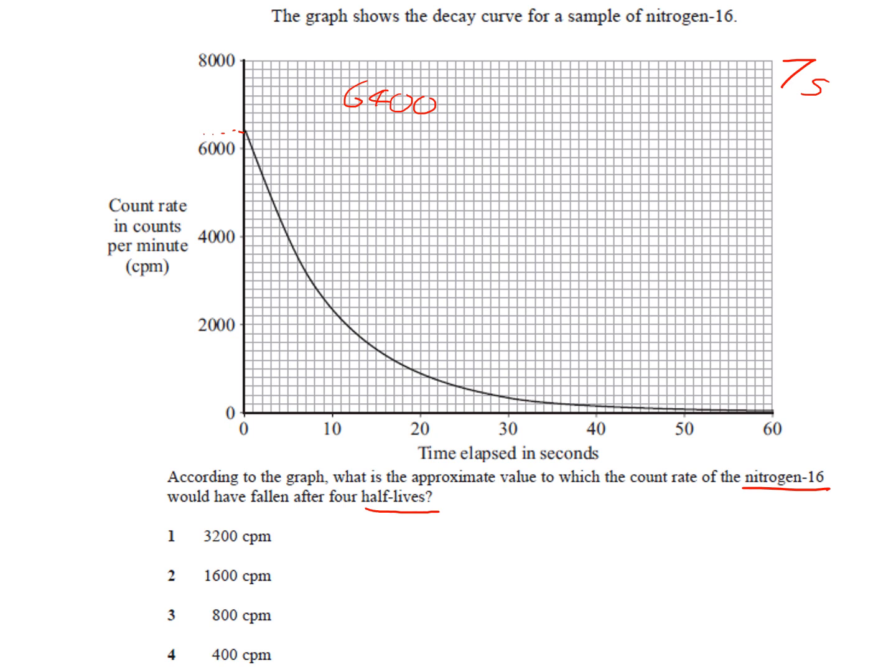There are mathematical methods of doing this, but you can just figure it out this way. So here's 1 half-life. I'll go 3,200. After another half-life, that'll be 2 half-lives, so it'll go to 1,600. After a third half-life, it'll go to 800. And after one more half-life, that'll be 4 half-lives, it'll go to 400 counts per minute. So the correct answer is 4.